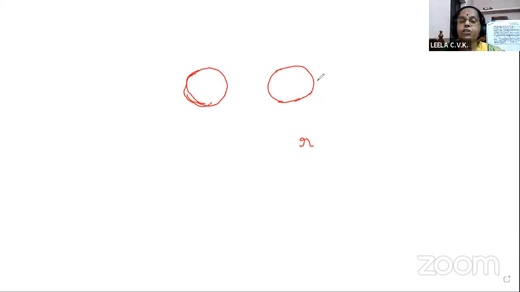Only one area is there, and that is the total. If you want, you can write total surface area. It is 4 pi R square. And volume is 4/3 pi R cube.